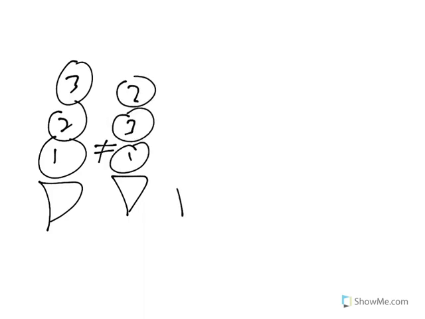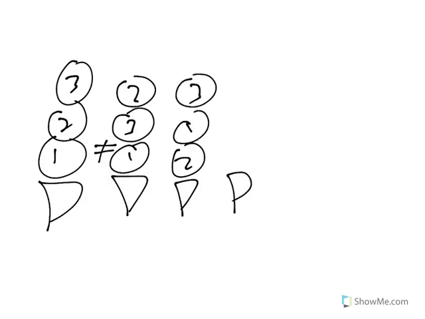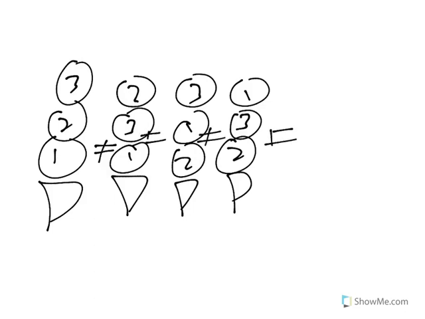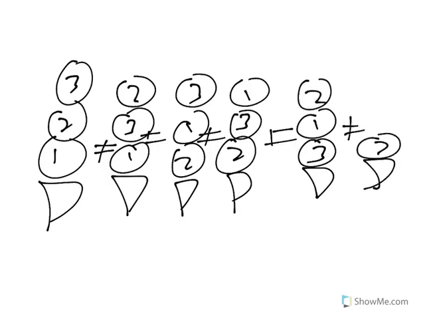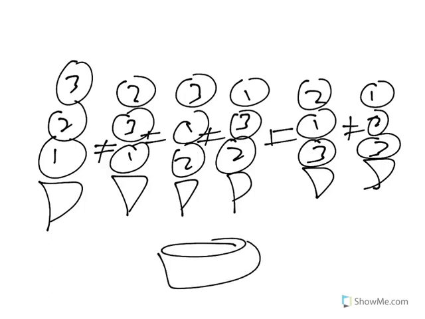Because if I take any 3 flavors, I could actually make 6 different cones that have those 3 flavors in them. Those are not the same cone, but they would be the same cup.